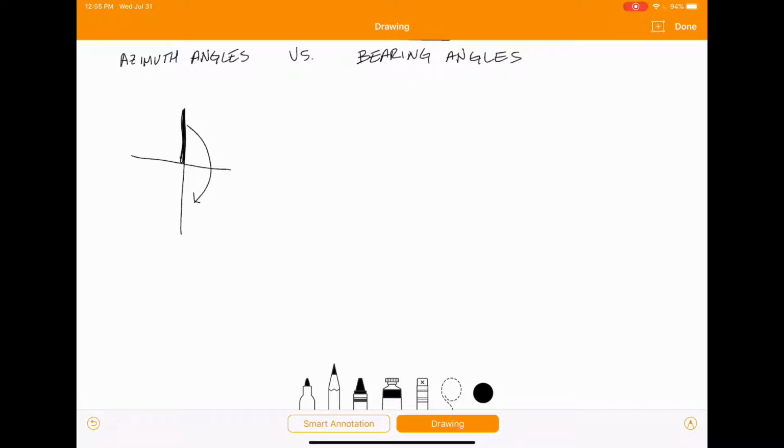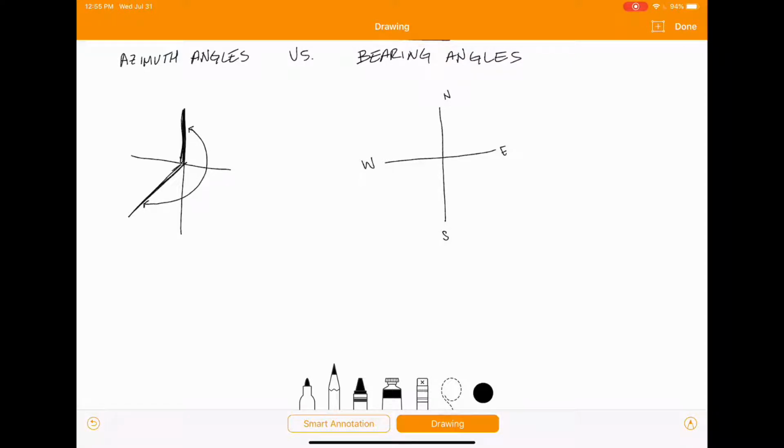So if we had some segment in there and we wanted to know the azimuth angle, it would be this angle here. However, bearings are denoted by north, south, east, and west.